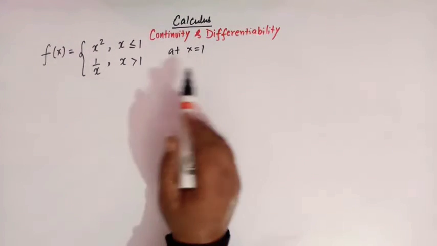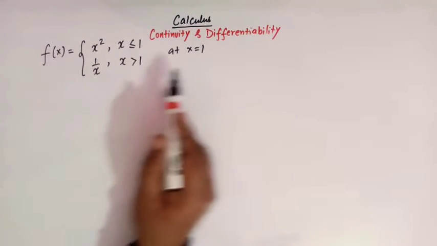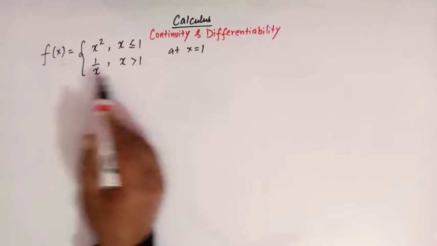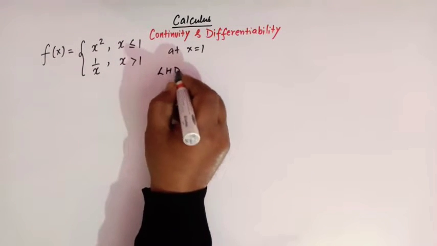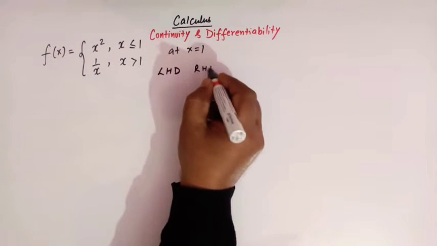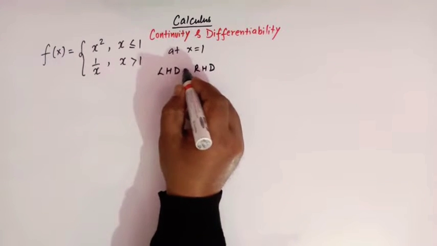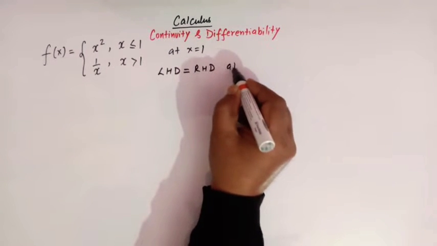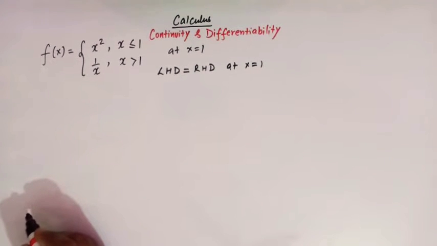Now let us test the differentiability of this function f of x at x is equal to 1. Now we know that a function f of x is said to be differentiable if the left hand derivative and right hand derivative both exist, and they are finite and also equal at the given point, and here the point is x is equal to 1, right?